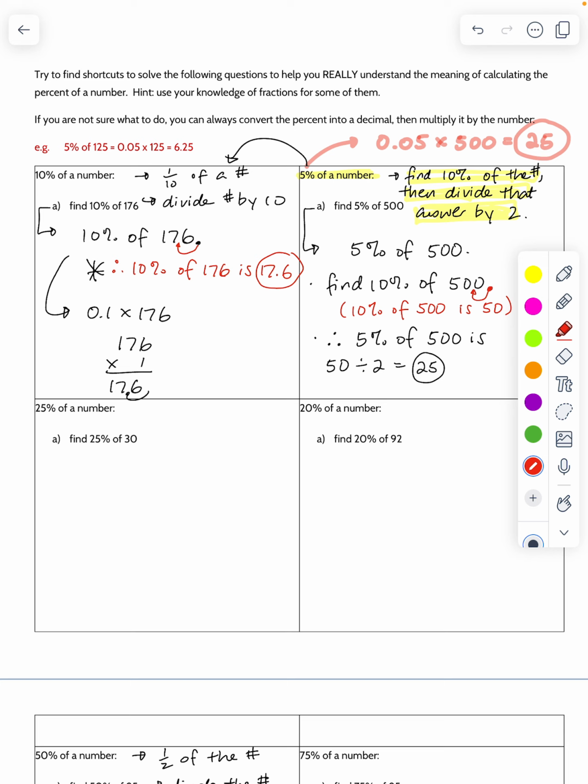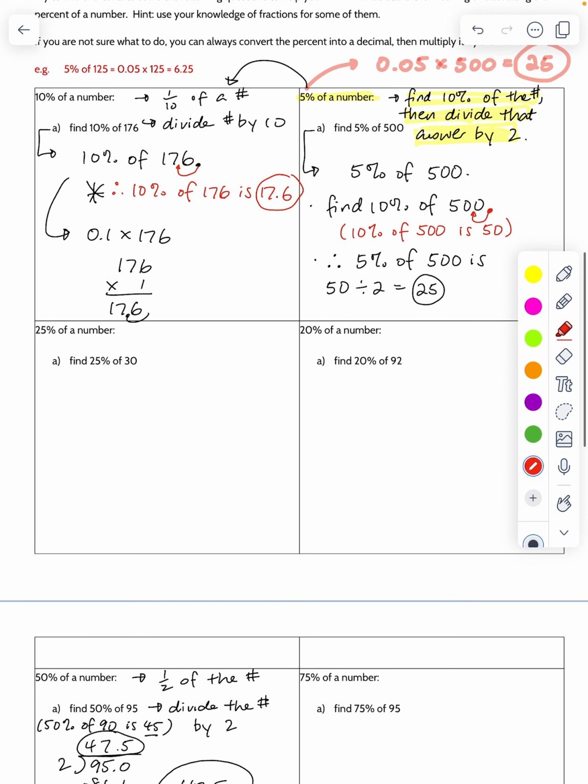Think about these shortcuts as ways to help you really understand the meaning of percent of a number. Now, let's do 20% next because that's the next progression from 10%, 5%, 20%. So let's look at 20% of a number. Think about first, how is it related back to 10%? Because again, we can utilize that shortcut. Well, if you think about it, 20 is double 10, or 10 times 2 equals 20.